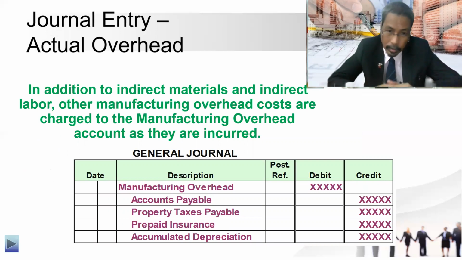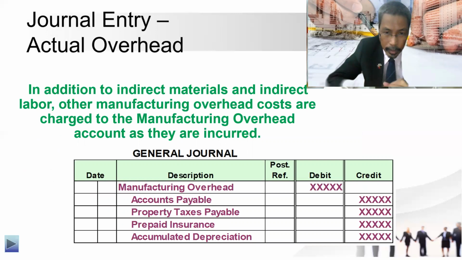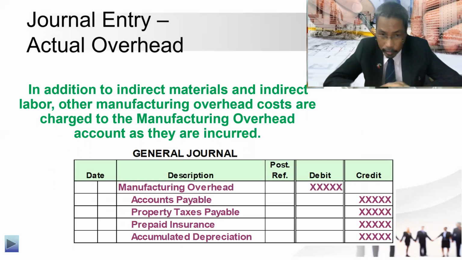What are examples of other manufacturing overhead? Property taxes, prepaid insurance. They are usually fixed. Accumulated depreciation.